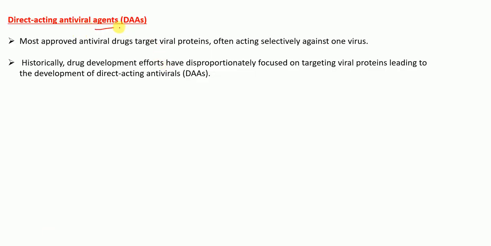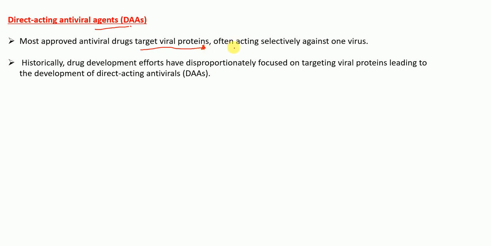Okay, so what are directly acting antiviral agents? These directly acting antiviral agents target viral proteins or the viral factors. Therefore, they are called directly acting antiviral agents because they directly target the viral proteins. These proteins might be important for different stages of the virus life cycle.